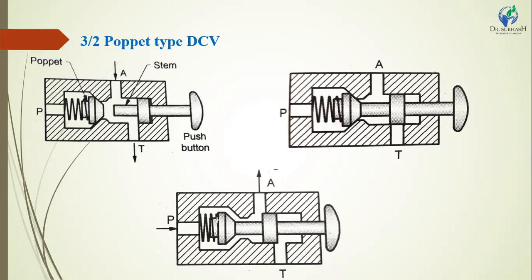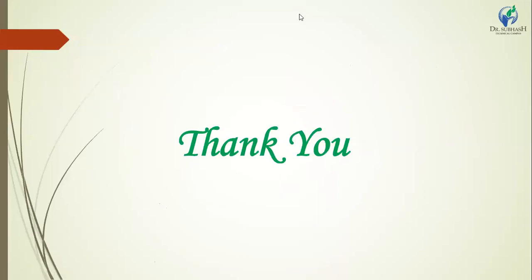The third figure shows that the hydraulic oil passes from the pump to port A, but the hydraulic circuit oil cannot pass to the tank. This is a 3 by 2 poppet type DCV. Okay, thank you.